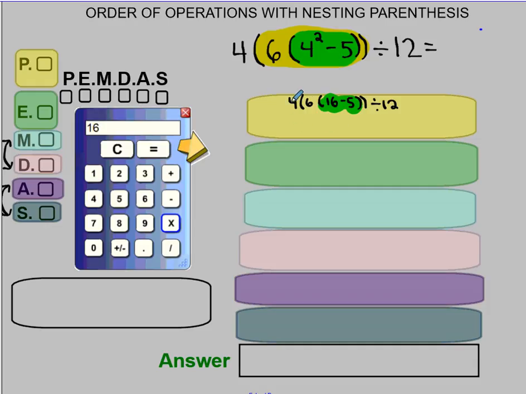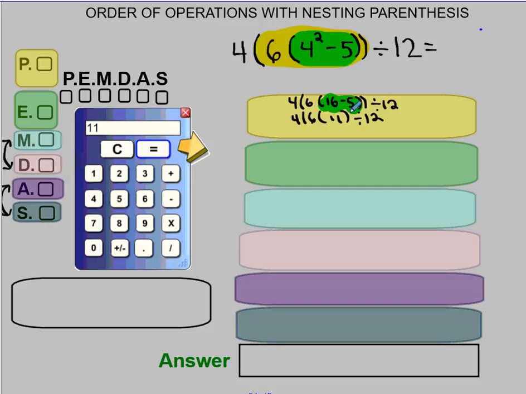Okay, so we're going to go 4 times 6 times 16 minus 5, and 16 minus 5 is 11. So we change that 16 minus 5 to 11, divided by 12. Now, we're still not completely done.